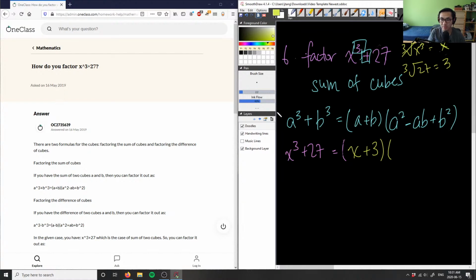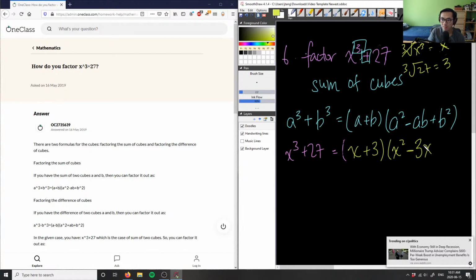So a now here is the first term, so we have x here as our first term, which is a, well it's a squared, it's simply x squared, right? So this is x squared minus ab. So what's ab here? I know it's x and 3 here, which is a and b, right? Because we wrote x and 3 here. So I can say a times b here is 3x. And then we have b squared here, which is simply this term squared, right?